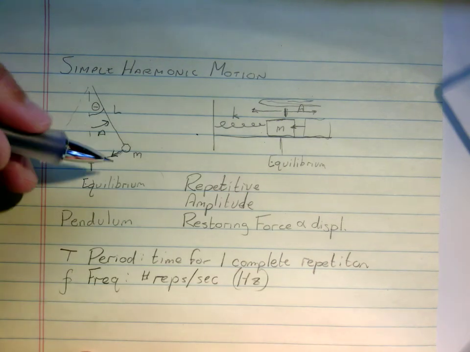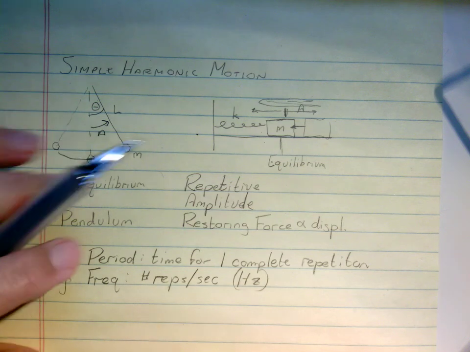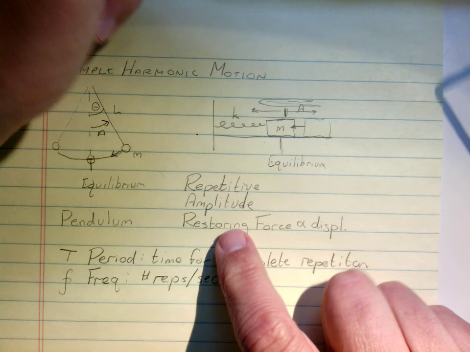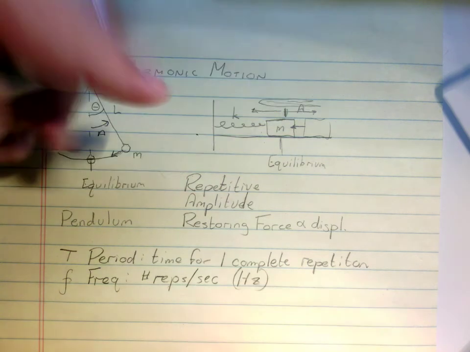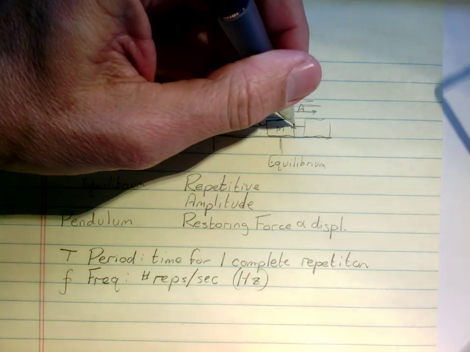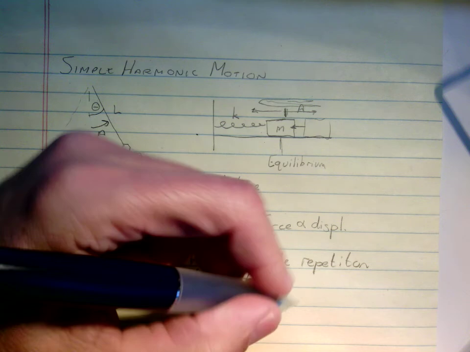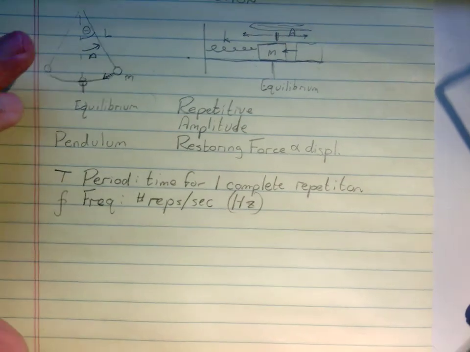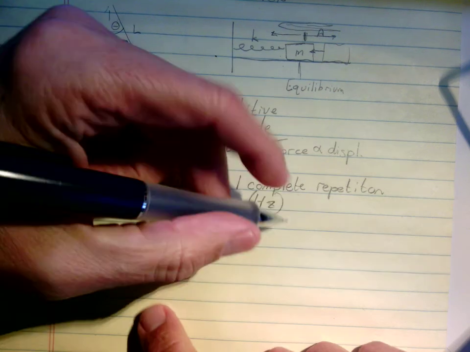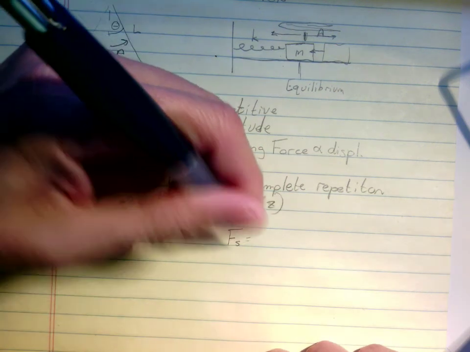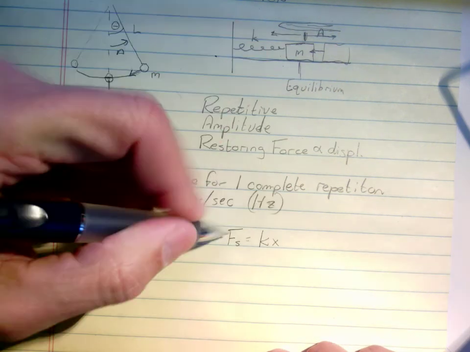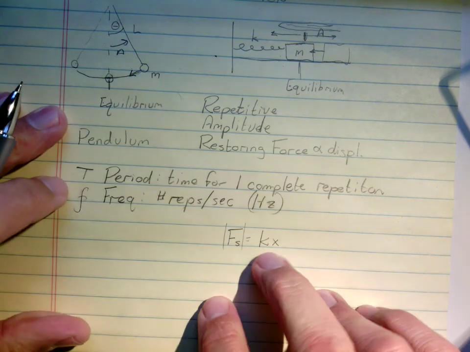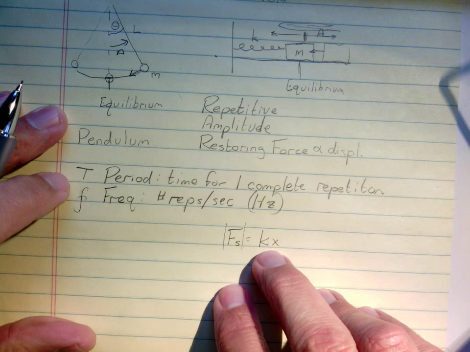First of all, let me come back up here to the pendulum. I'll do the mass and spring first. At its farthest amplitude, or at any point actually, the restoring force is going to be found by this equation: the force of a spring is equal to kx, where k is the spring constant and x is the displacement from equilibrium.